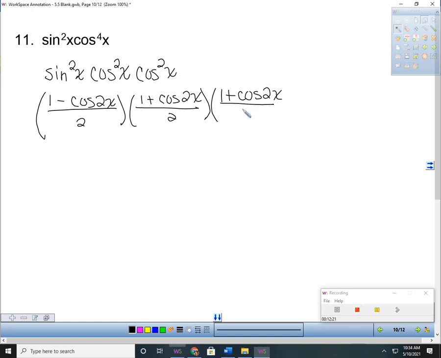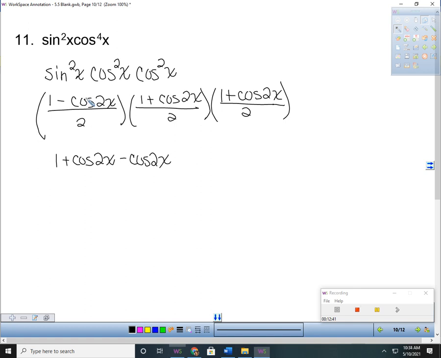So don't try to multiply all three of these at the same time. Do the first two and then take what you get there times the third. So 1 times 1 is 1. 1 times cosine 2x is cosine 2x. Negative cosine 2x times 1 is negative cosine 2x.